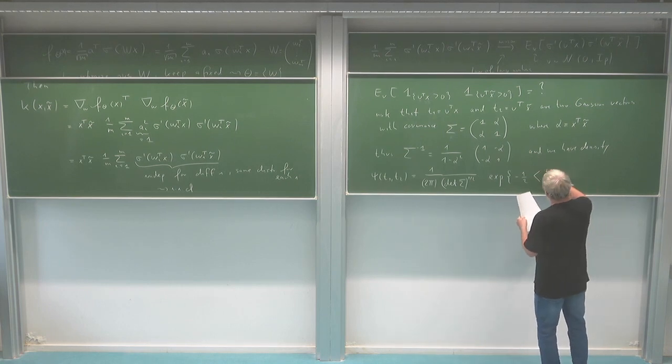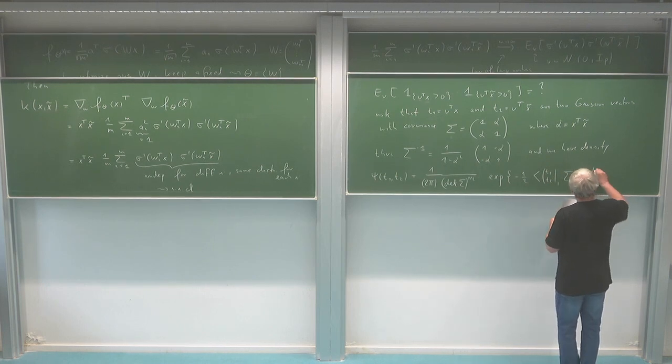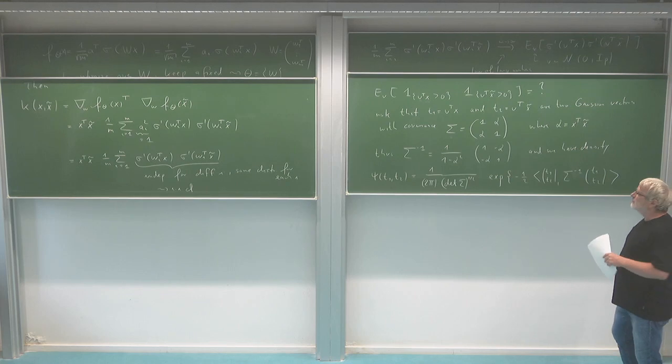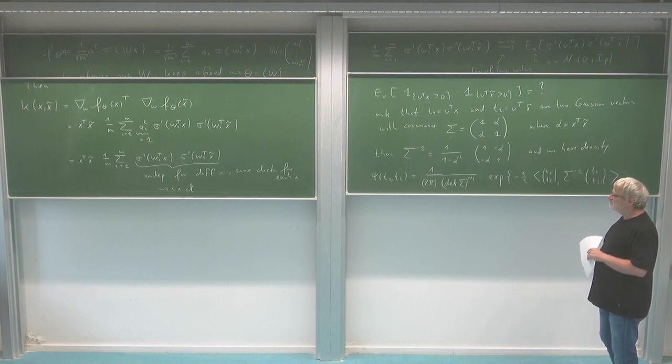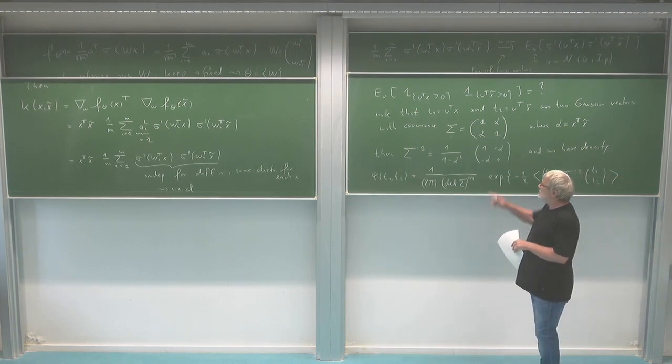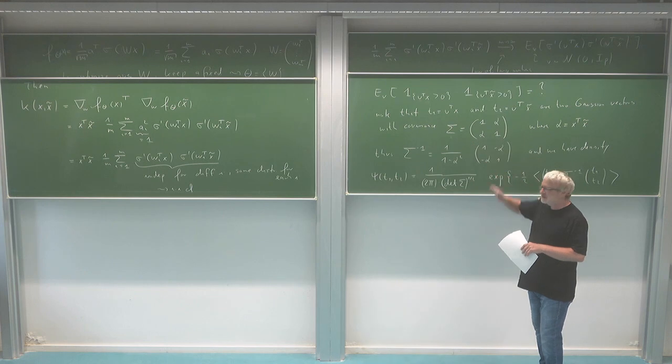So what I have here is T1, T2, and here I have sigma to the minus 1, T1, T2. So that's the general formula for the density of a two-dimensional Gaussian random vector with a given covariance matrix sigma.